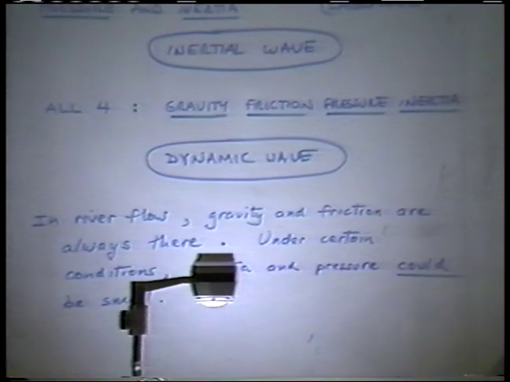So if you say this term is small, you have to say small with regards to what. You cannot say it's just small, right? So when I say small here, I have to say with regards to the other two. Inertia and pressure could be small with regards to the other two. Obviously the four are in there. But if they're small with regards to the other two, then they could be neglected. And that leads to the Seddon law.